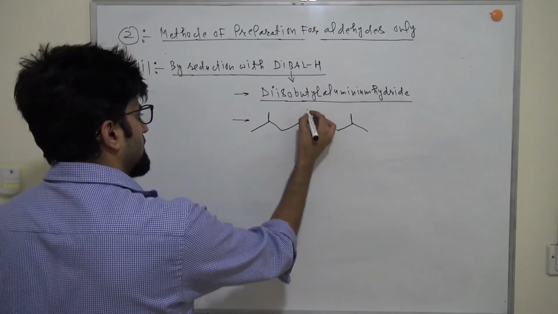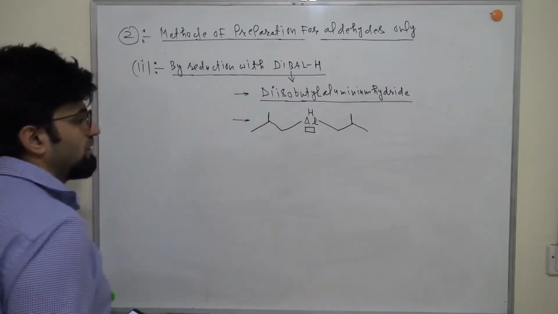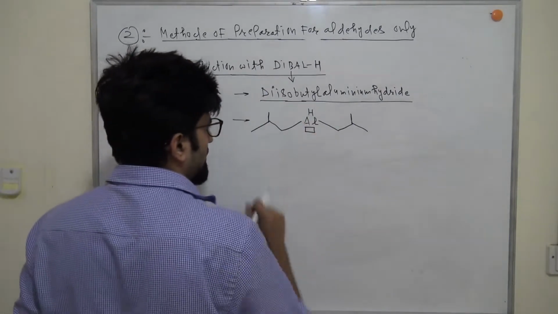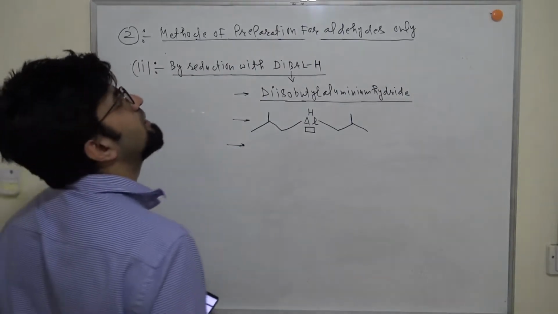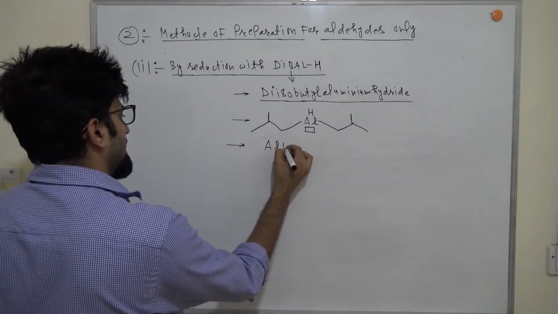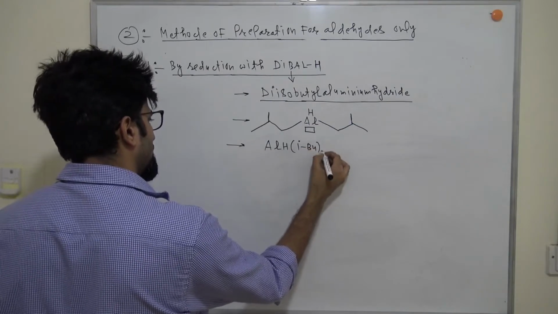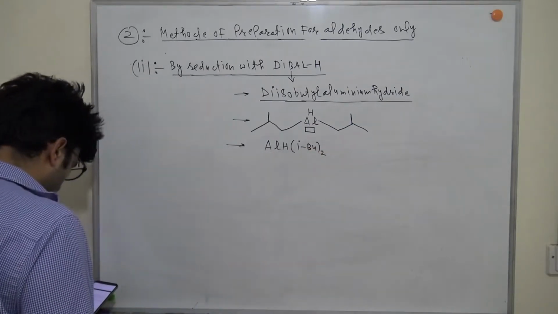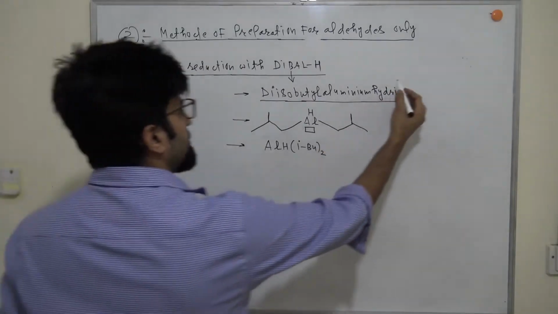And there is one hydrogen here, and it has a vacant orbital like this. This is the vacant orbital. Sometimes they write it like this, AlH, aluminium hydride, diisobutyl, (i-Bu)2AlH, isobutyl, right? So this is your DIBAL-H.